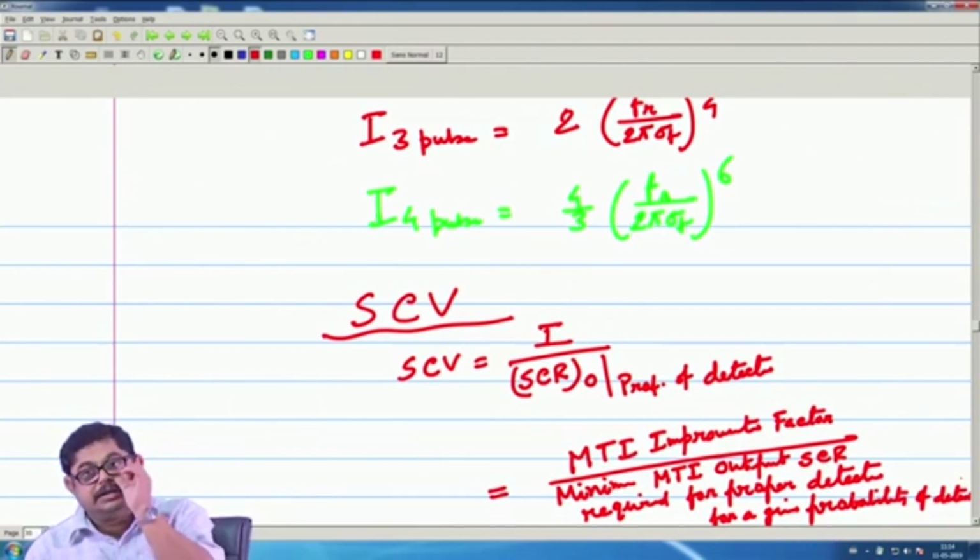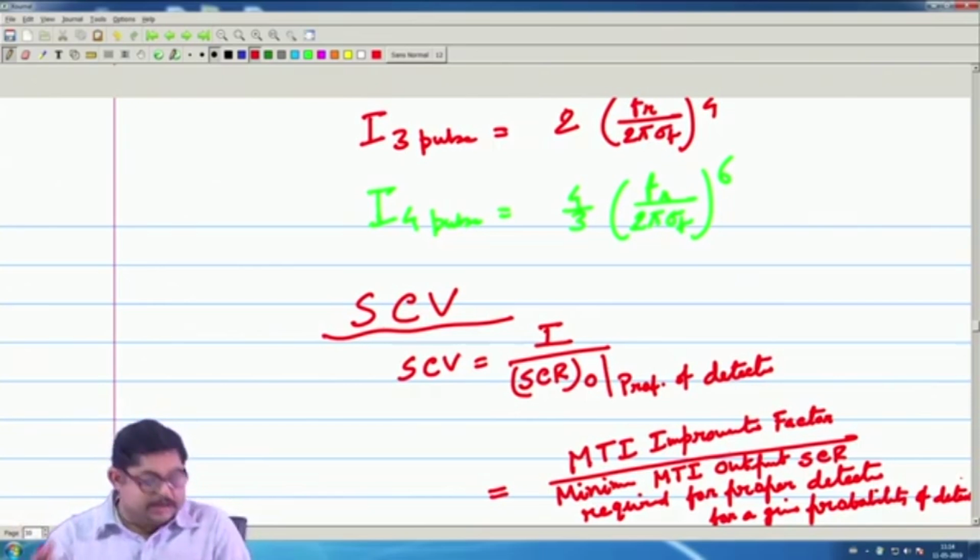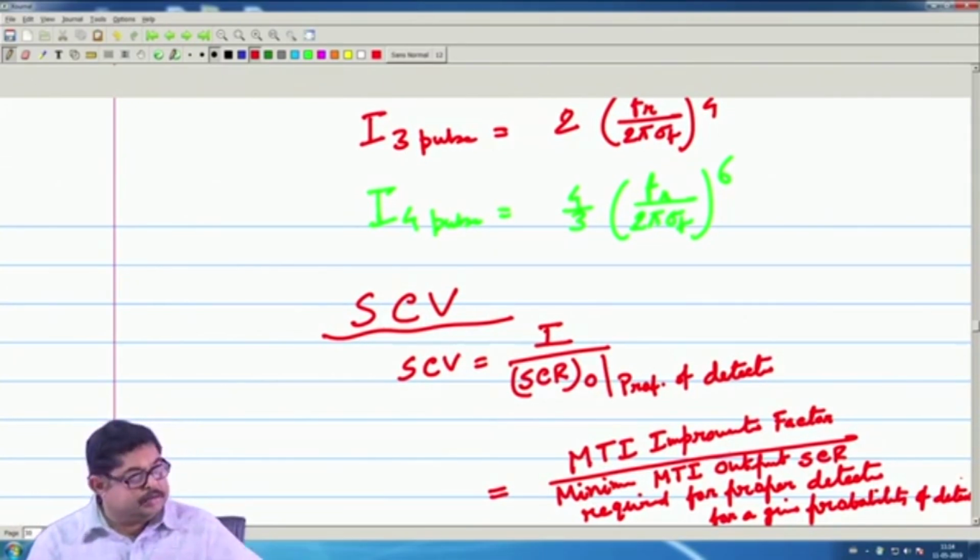As I said, it is scaled by the minimum SCR that is required. So, that gives you the subclutter visibility, how much clutter you can process.